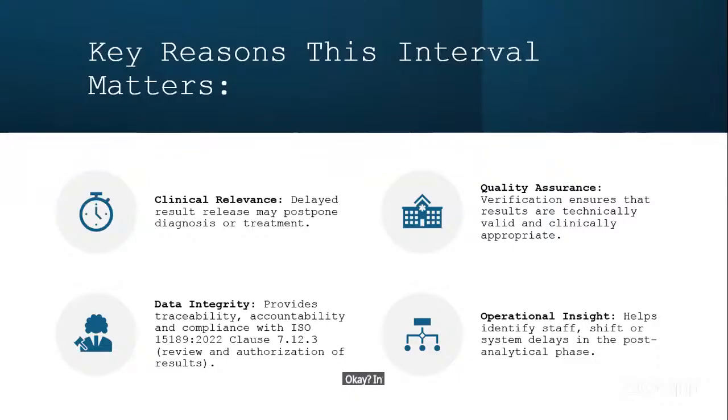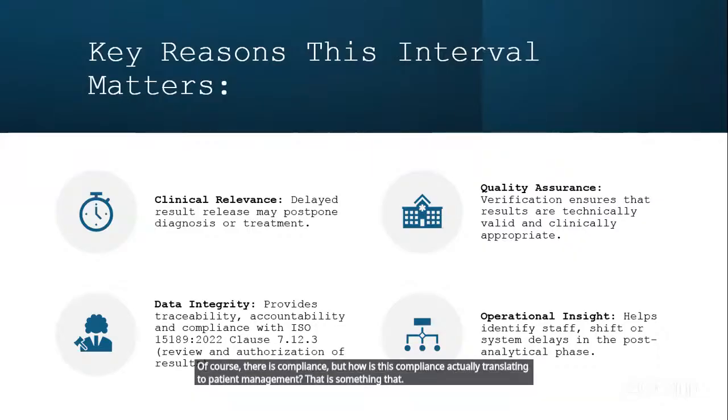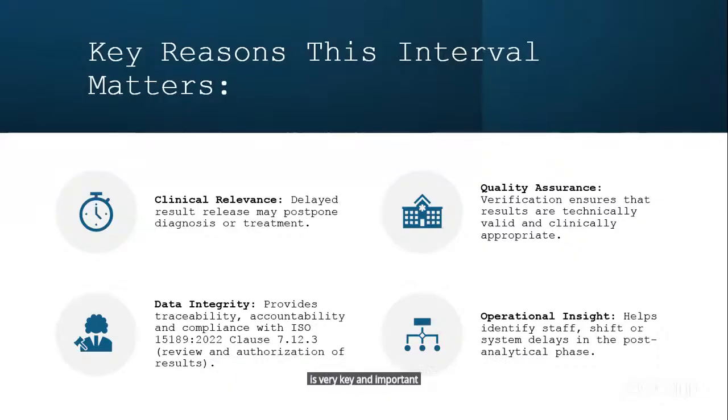In terms of data integrity, it provides traceability, accountability, and compliance with ISO 15189, clause 7.12 and 7.13, review and authorization of results. Of course, there is compliance, but how is this compliance actually translating to patient management? That is something that is very key and important to look at. Of course, operational insight, it helps identify staff, shift or system delays in the post-analytical phase.